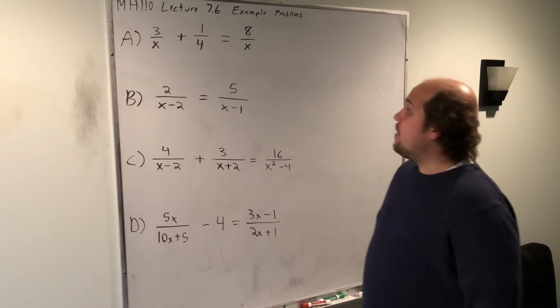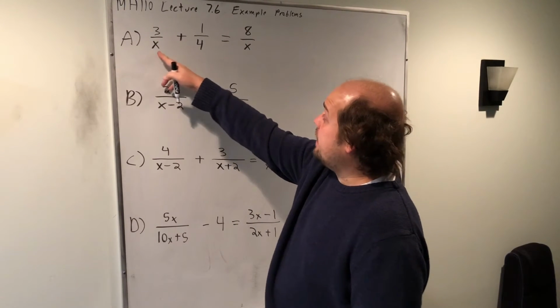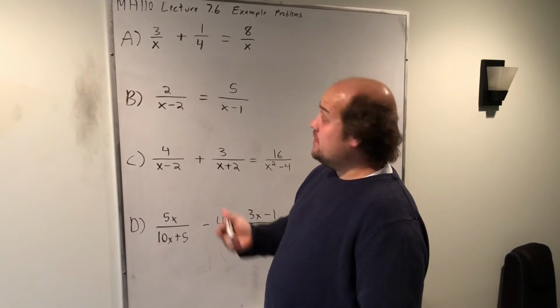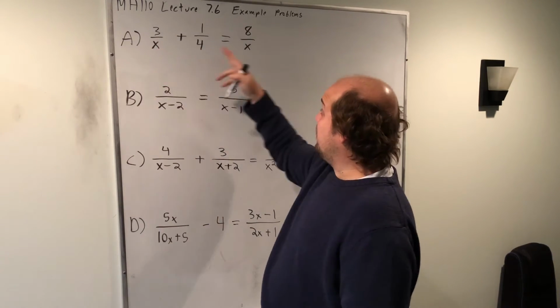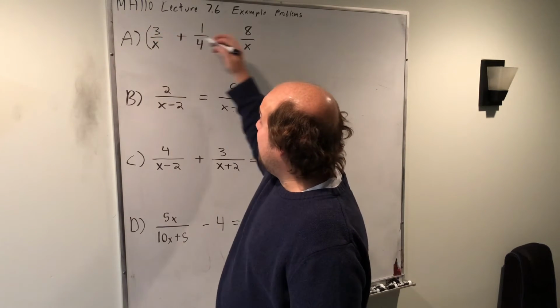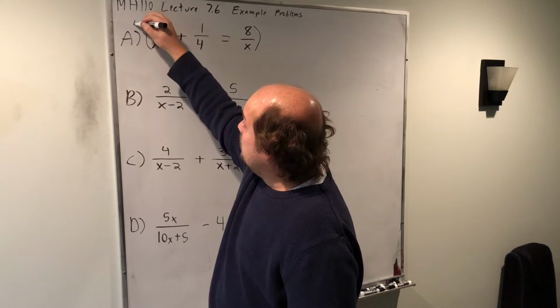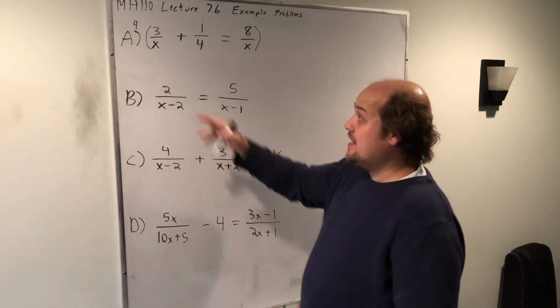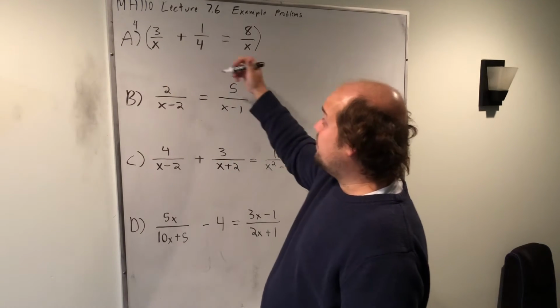When I look at problem A, I see on the bottom x, 4, and x. Really, the only number for a coefficient I see is 4. These both have understood 1s. So I know that the greatest common factor is going to have 4 as its coefficient. I then look for the highest power of x that I see. I just see x to the first here and x to the first here.